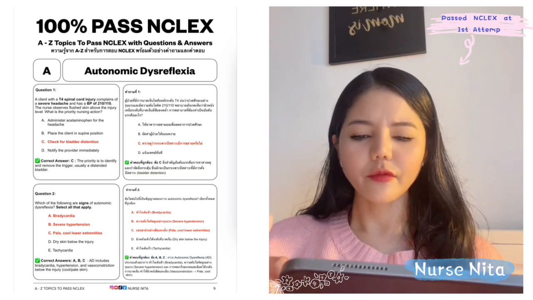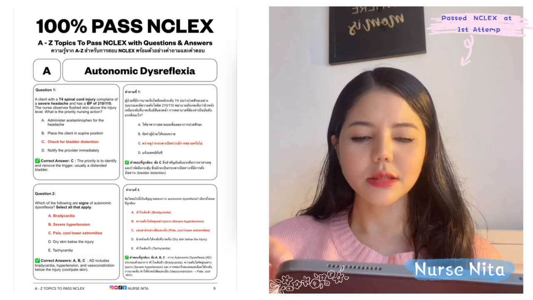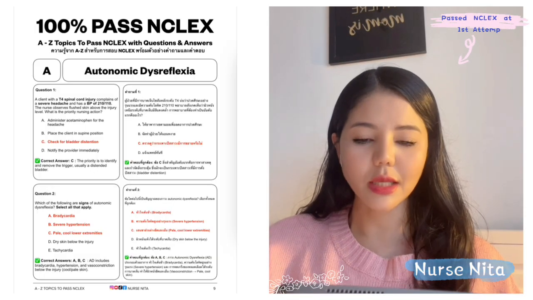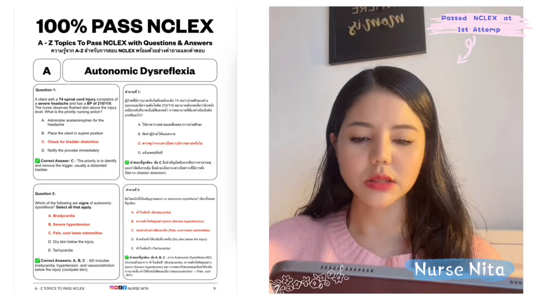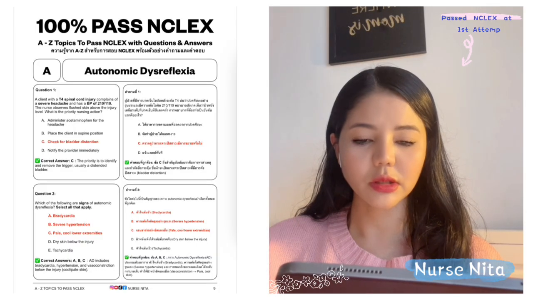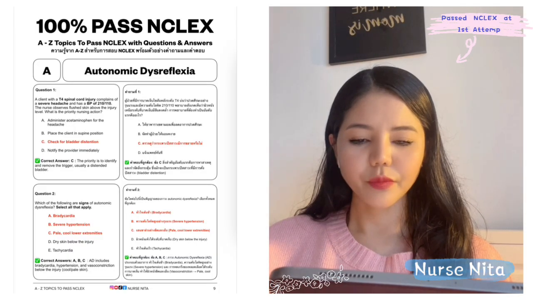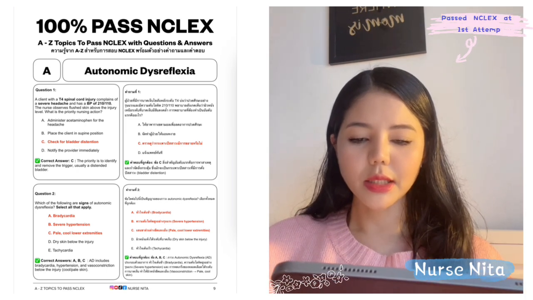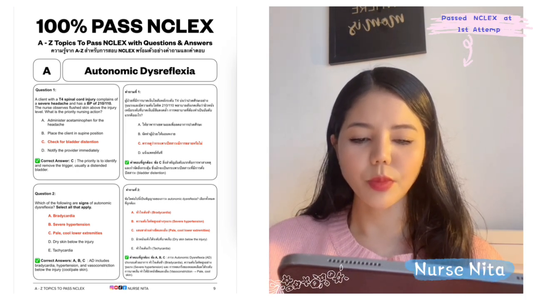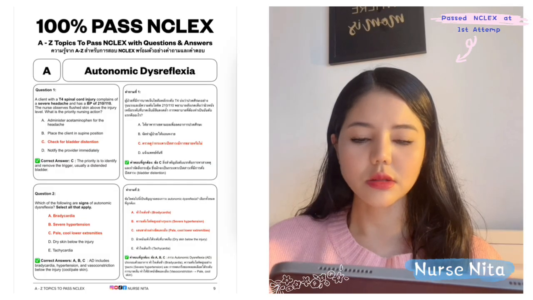So for A, administer acetaminophen for the headache: acetaminophen cannot help with AD because it's an extremely high blood pressure and the patient has a severe headache. Placing the client in the supine position is not correct as well.